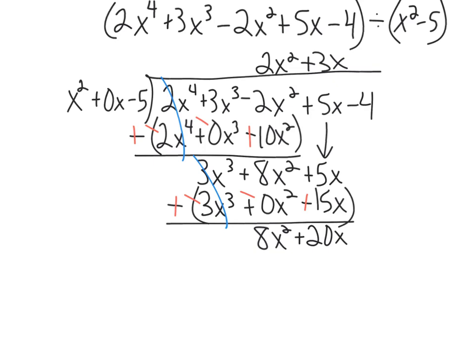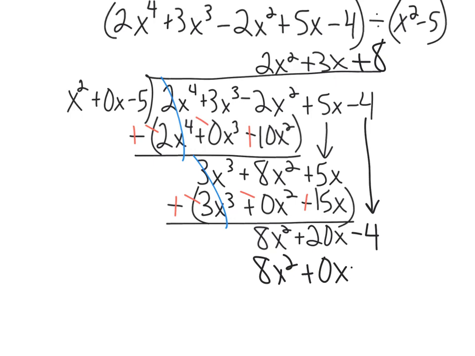So before we go further, we'll go ahead and bring down our next term. So bring down minus 4. So x squared going into 8x squared, that's going to go in 8 times. So that would be 8x squared plus 0x minus 40. Remember, we're going to subtract.